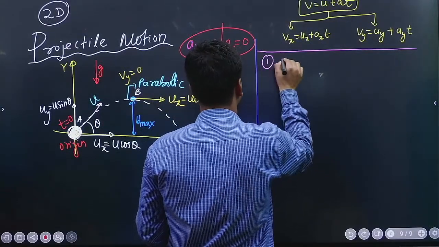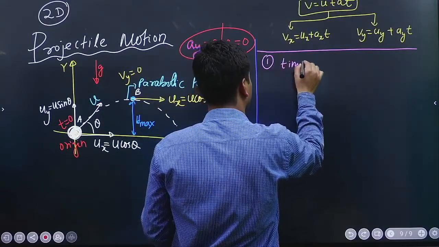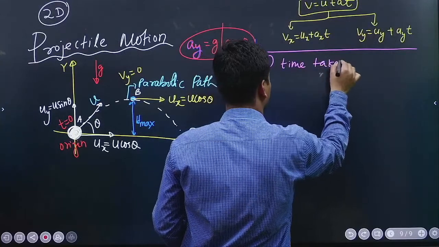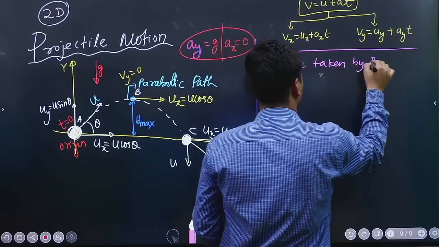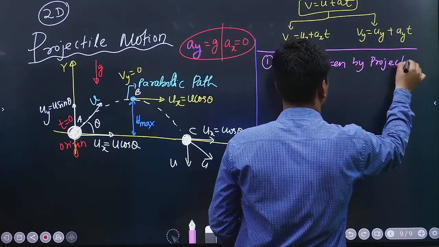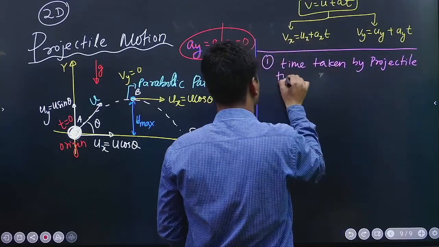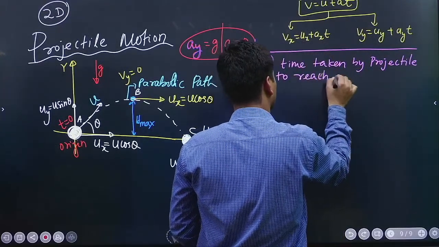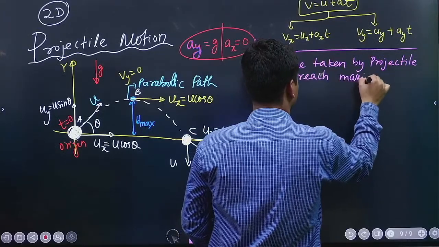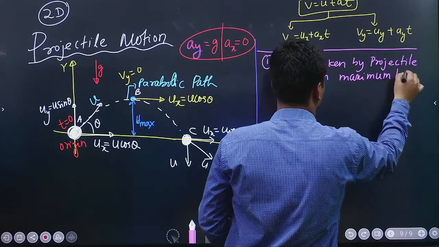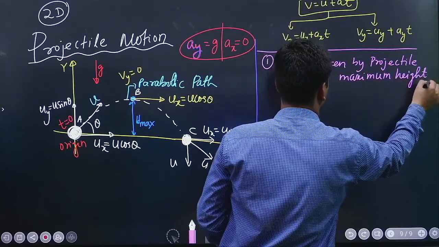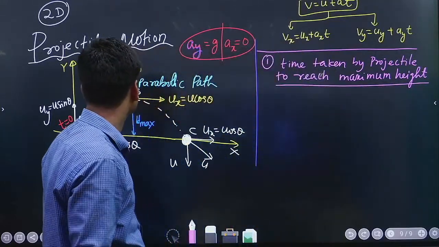So first I'm writing: time taken by the projectile to reach maximum height. How much is it?